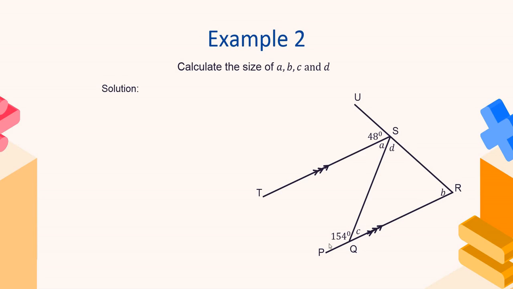So if you just look at this, what do you notice? I see angles on a straight line, right? So what does that mean? When we have angles on a straight line, all these angles added together, 154 plus C, will give us 180 degrees, because angles on a straight line equal 180 degrees. So let's write that down, and we always give a reason.